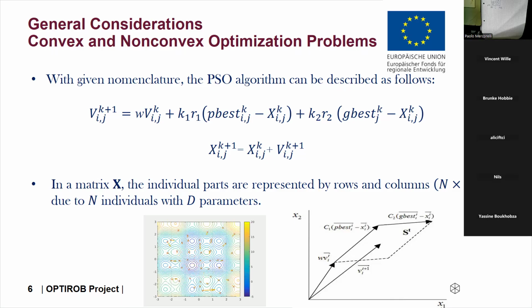And then we have, as in a matrix, rows and columns. We have n rows and d columns. Basically, a swarm is mathematically represented by a matrix which consists of n rows and d columns.